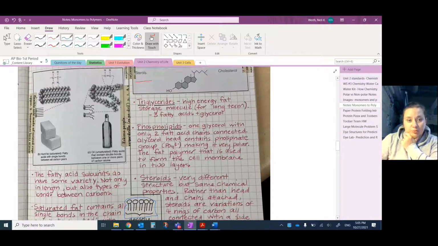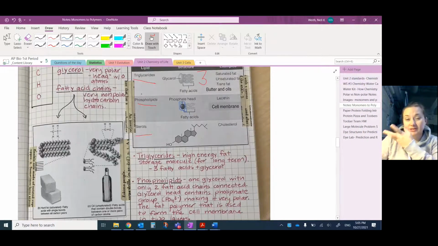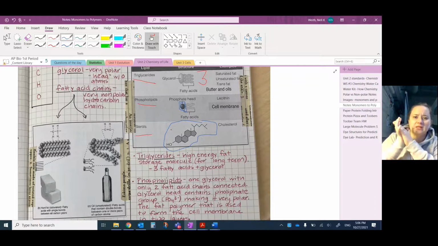The last group for fats, the sterols, or steroids as I'm going to call them, they look like this. Very different than the triglycerides or the phospholipids. It's not a glycerol head, it's not fatty acid chains, it's almost like this weird total other black sheep of the family in this case.